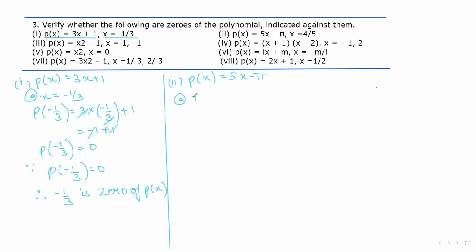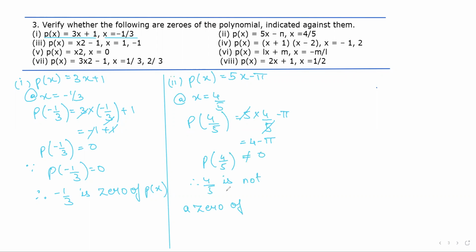So at x equals 4 by 5, P of 4 by 5 will be equal to 5 into 4 by 5 minus pi. 5 will be cancelled. We're left with 4 minus pi, which is not equal to 0. Therefore, 4 by 5 is not a zero of P of x.